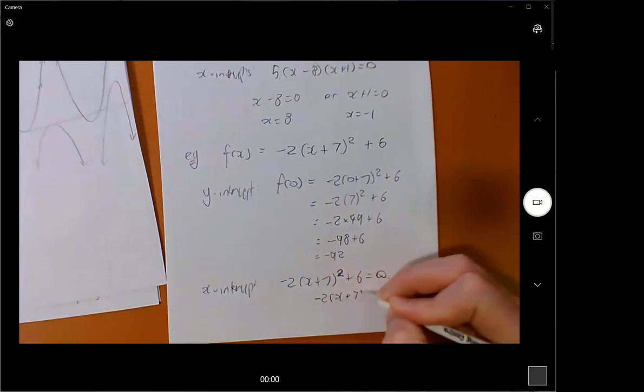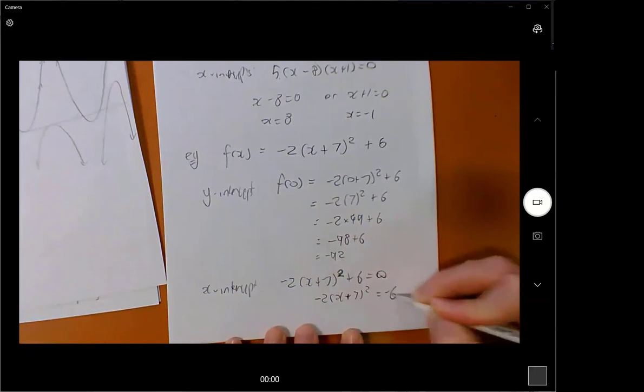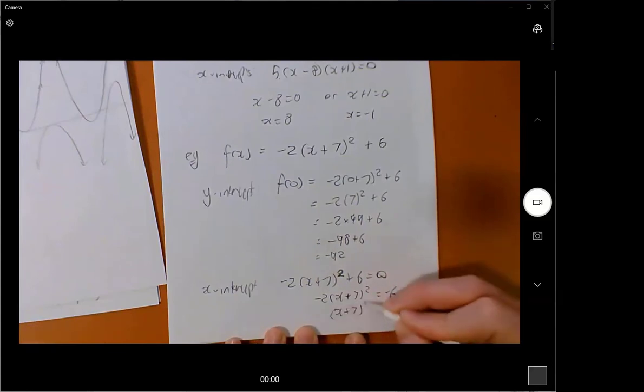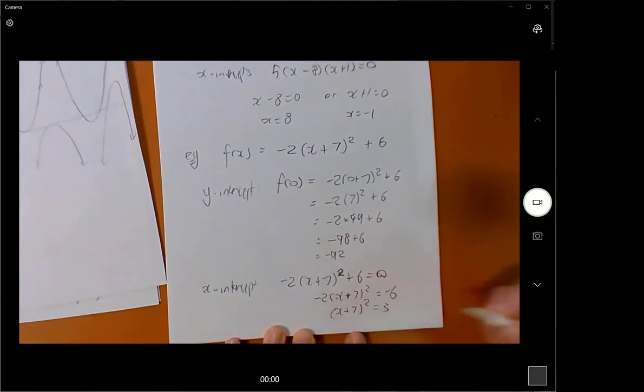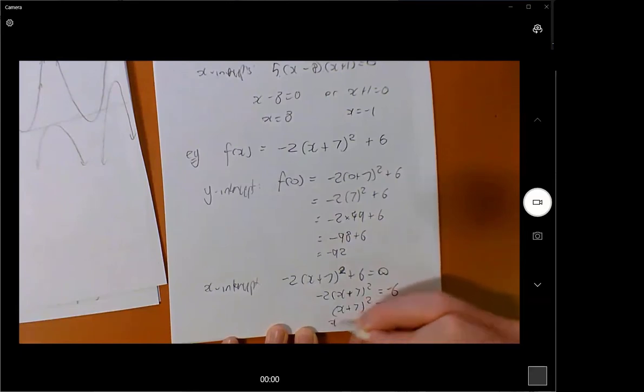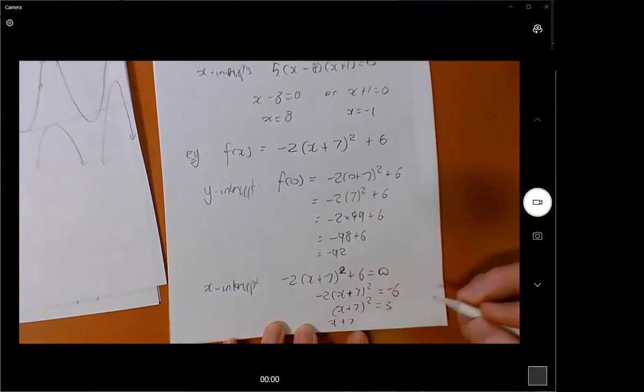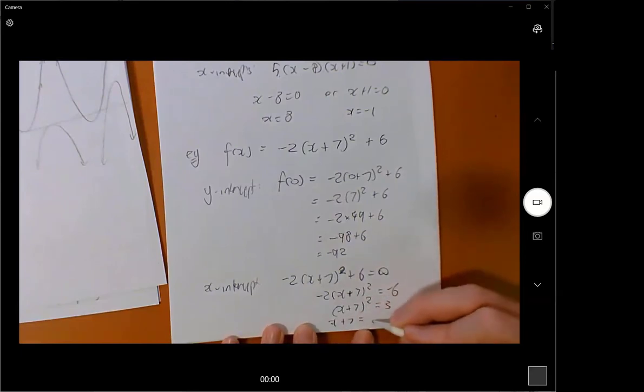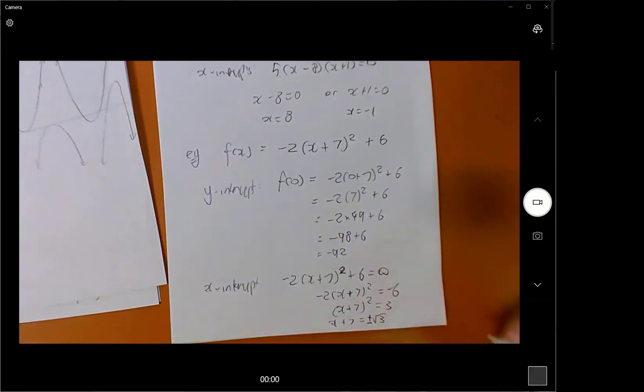And I can divide by the -2, and I can square root. I didn't give myself enough space. And technically, I'm allowed to have positive and negative numbers, so I'll have to put a plus or minus.